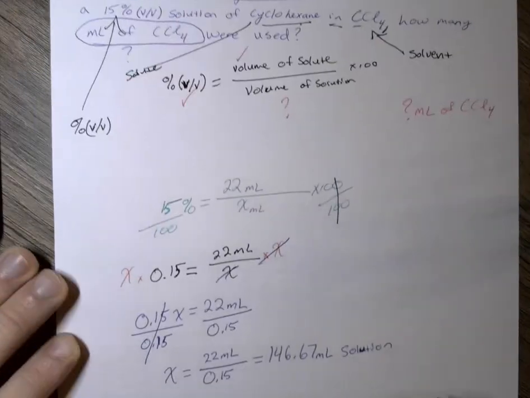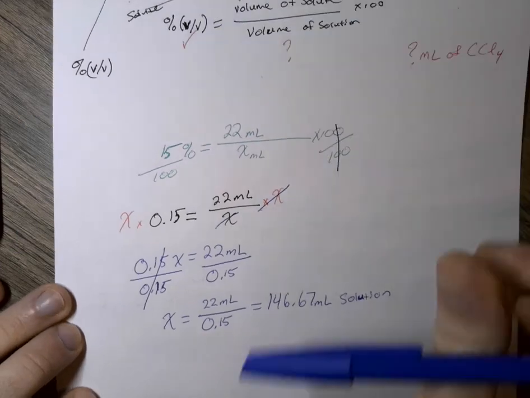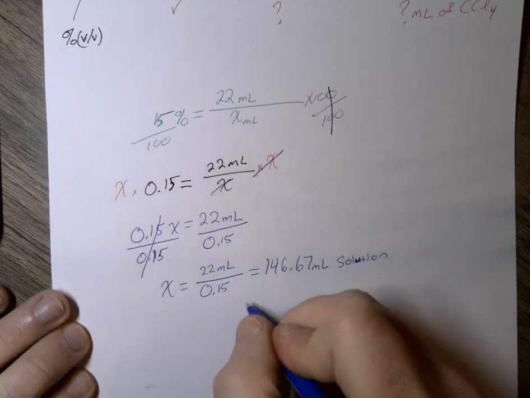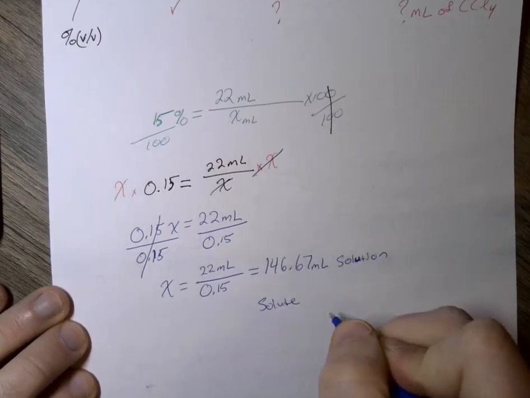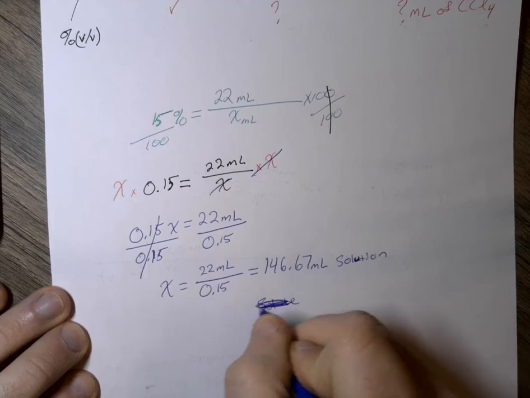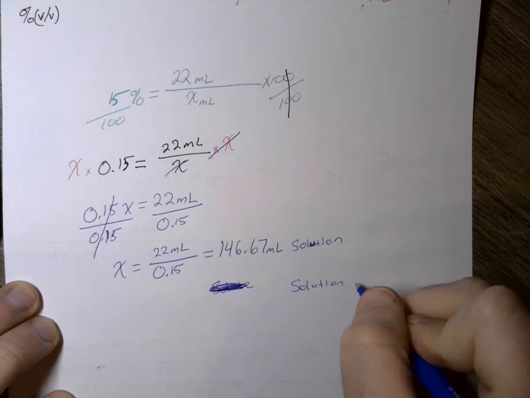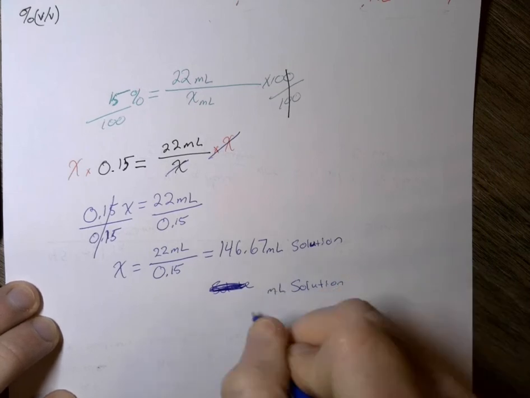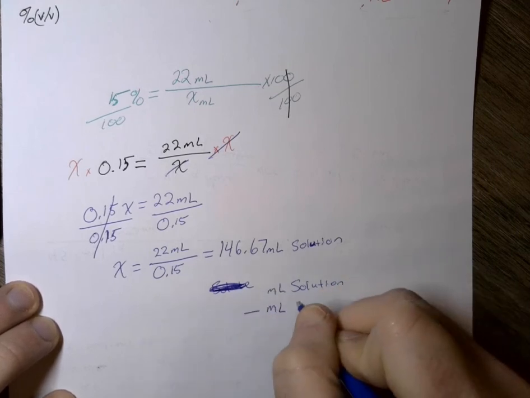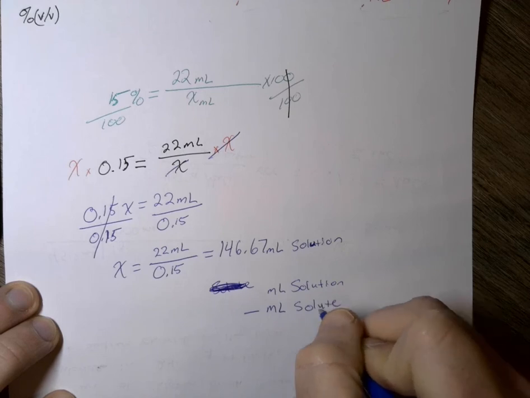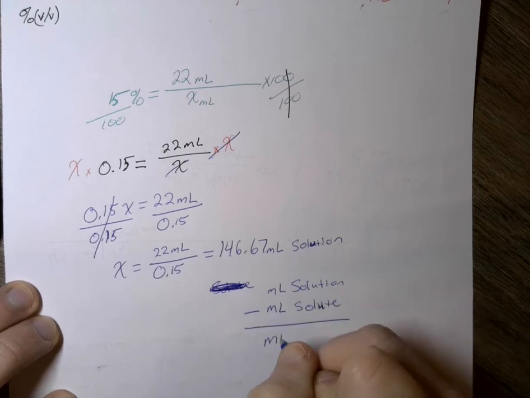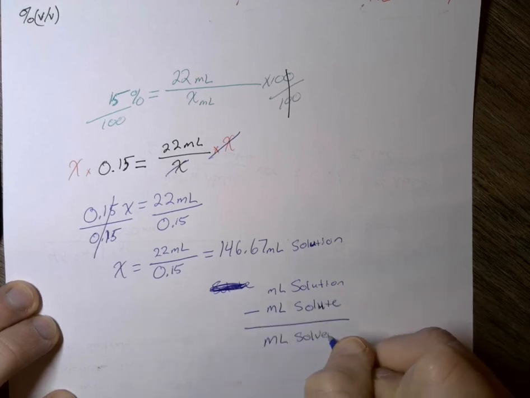Okay, so to determine that, I take my starting volume of my solution. So let me write this again. So solution volume, so milliliters of solution minus milliliters of solute, will give us the milliliters of solvent that were present.